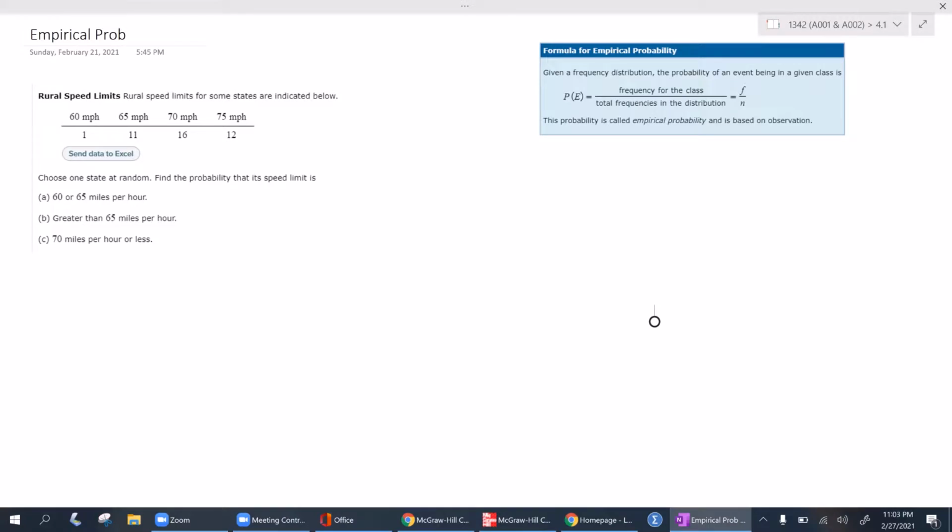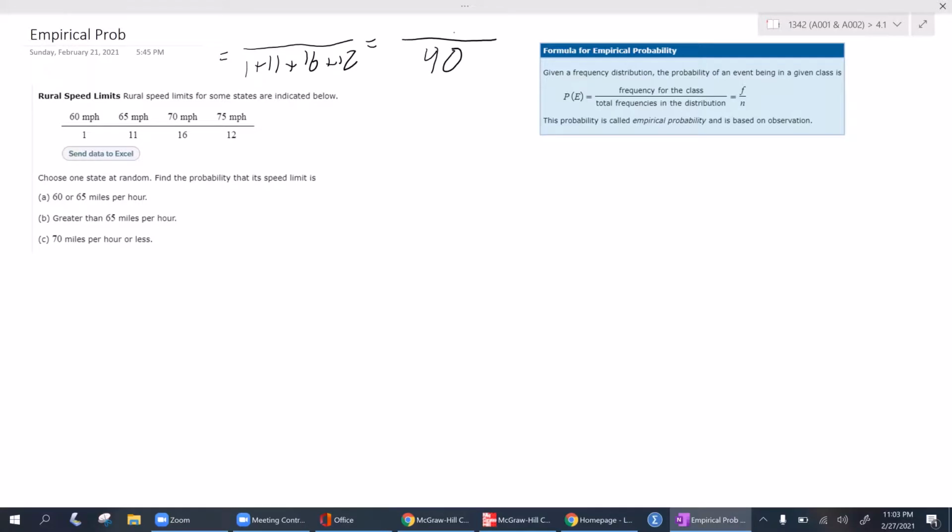One thing I want to find out first is my total, and that's going to be my frequencies for each one. So this is going to be 1 plus 11 plus 16 plus 12. These are my total options. This is going to be 40.